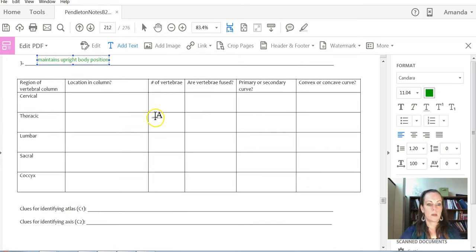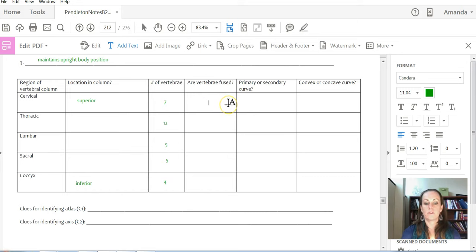Okay. Now cervical is the most superior location within the column. The coccyx is the most inferior position, and these are listed in order from superior all the way to inferior. There are 7 cervical vertebrae, 12 thoracic, 5 lumbar, 5 sacral, and 4 coccygeal.